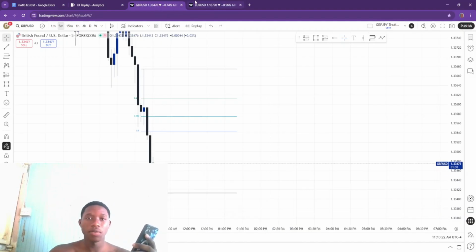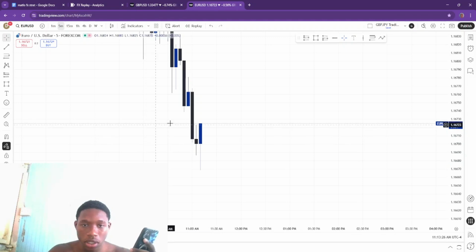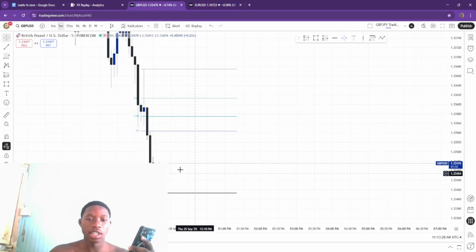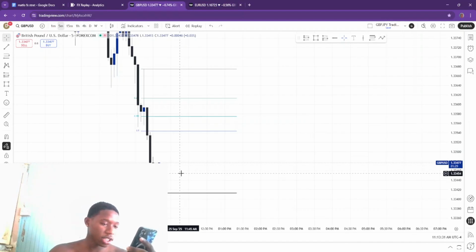Okay, 1 minute and 40 seconds. That one already tapped into the FVG, so that's invalidated. GBP USD still promising.